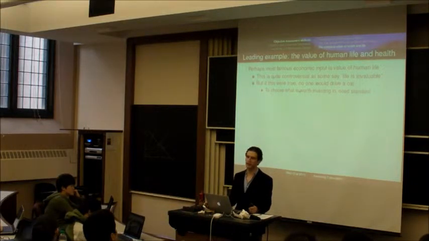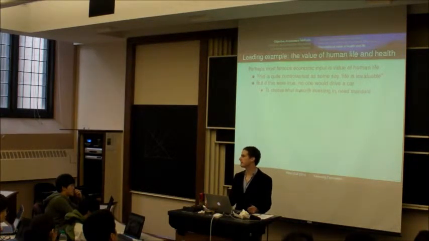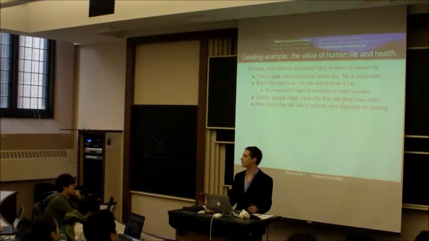And the society has to face the same trade-off, right? We could take actions that might make the society incredibly poor, but might save one person's life, or have some chance of saving one person's life. But that doesn't seem like a very good trade-off, right? So in our individual lives and in our lives as a society, we have to make trade-offs about human life versus other economic resources.